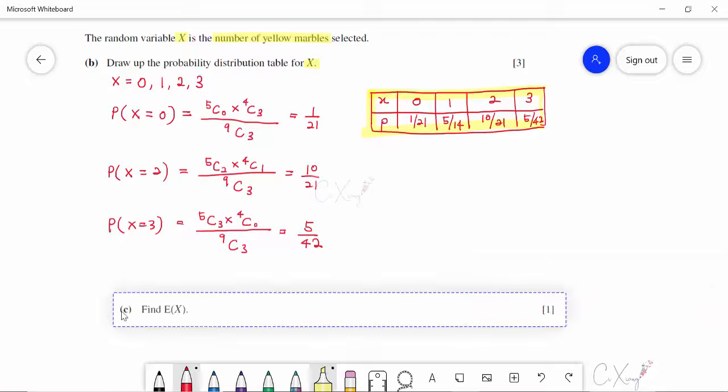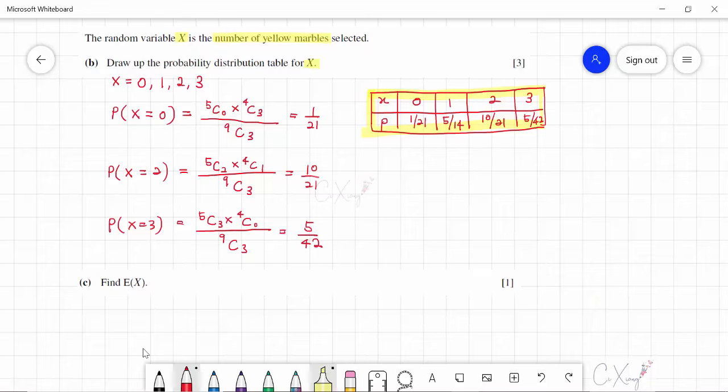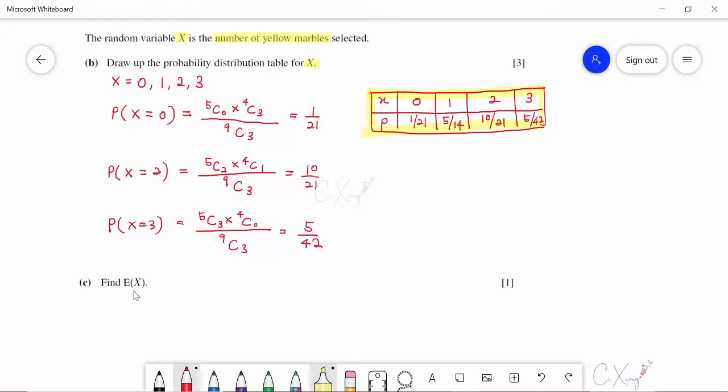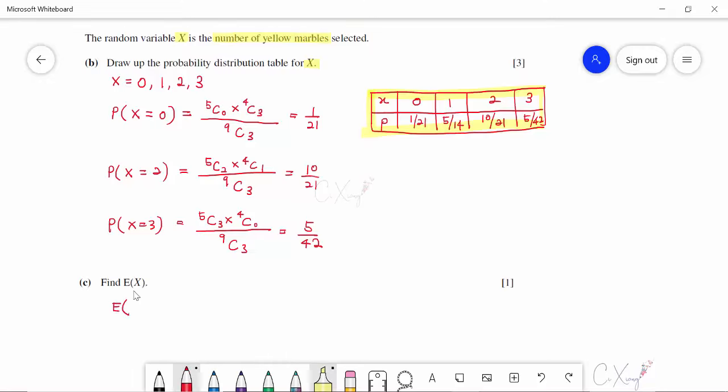Let us continue to part C. After you get the table, they want you to find the expected value of x, which is the mean. To find the expected value of x, it can be very straightforward. You take every single value of x, multiply it with its probability, and add them together.